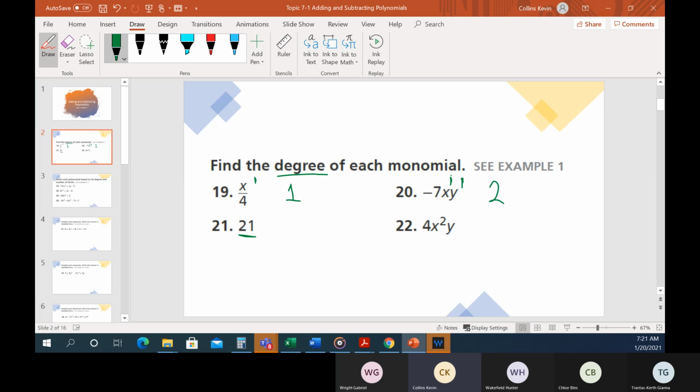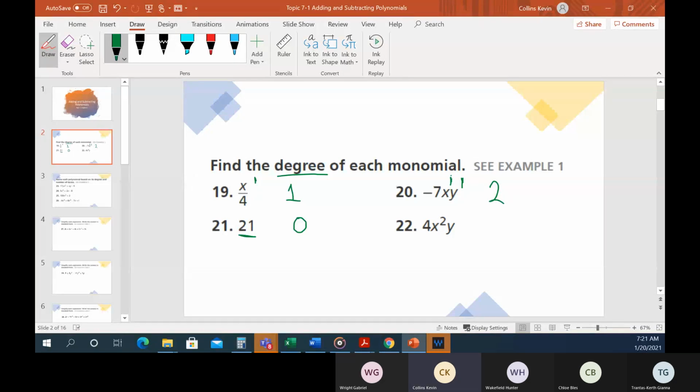So if there's no variable in math, yeah, great. Nice job, Chloe. As I say, in math, how do we represent something not being there? So this is a 0 degree polynomial. So a constant number, or just a regular number, has a degree of 0.